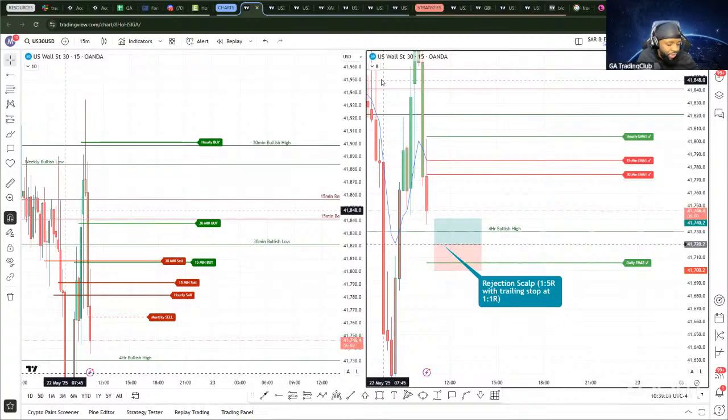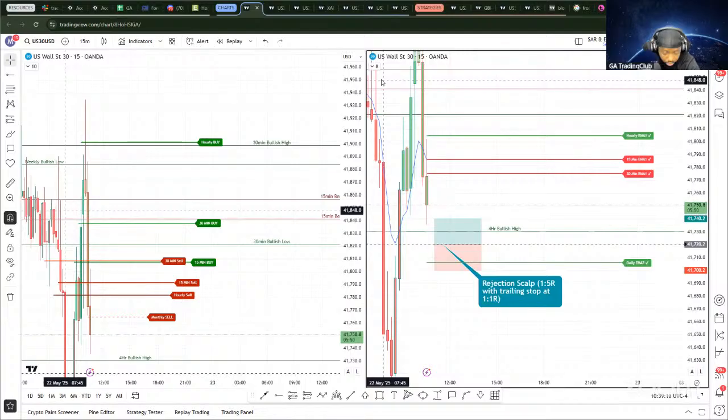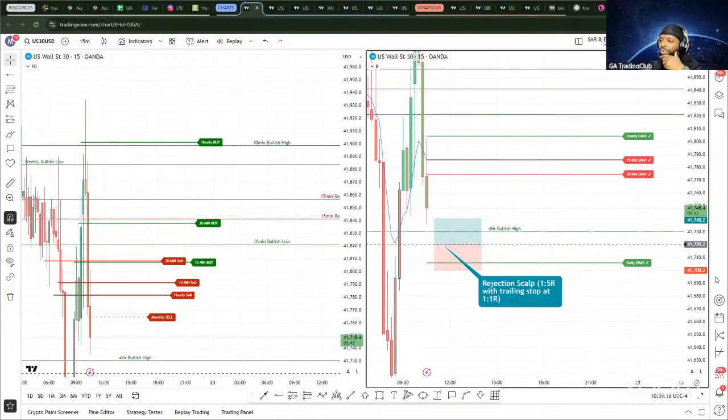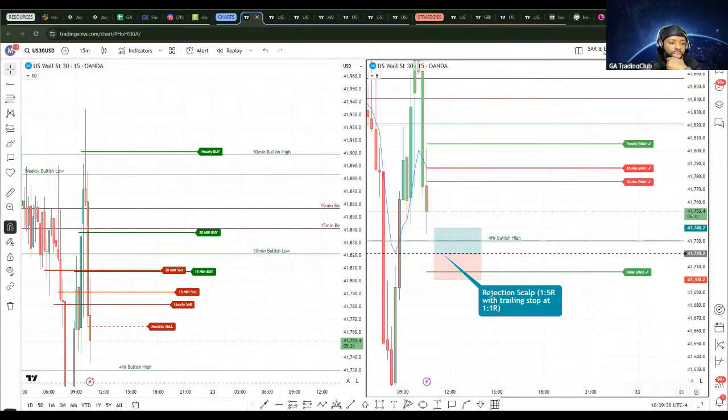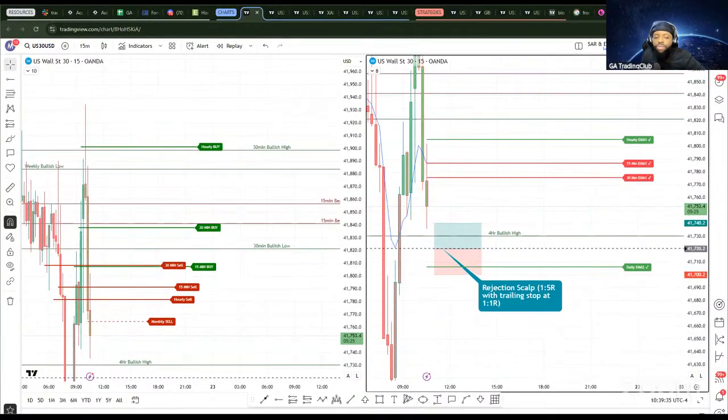So if you've already taken the other two wins with me, you can either lower your risk, depending on the risk to reward you took. So for this one, let's see if it even validates before 11.